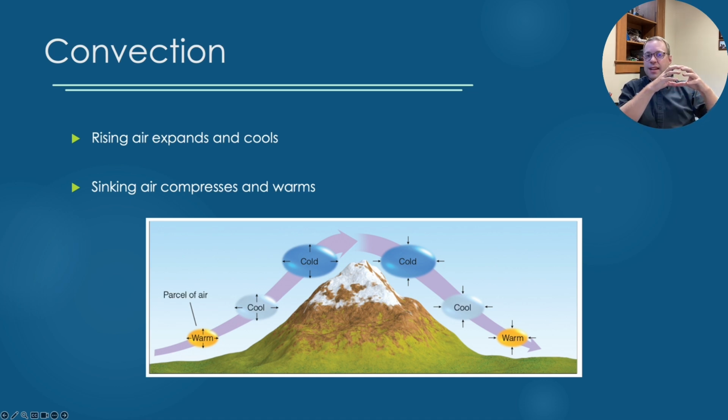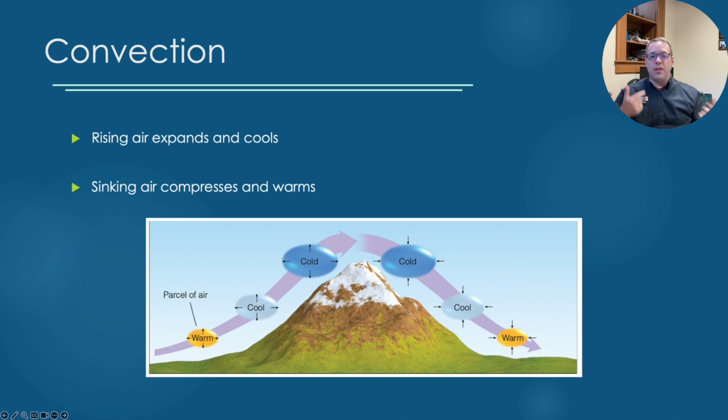So this thermal rises, and since it's under less pressure, that pocket of air expands. So rising air is going to expand. But as it expands, it's actually going to cool down as well. So rising air, again, this is a form of convection, rising air is going to expand and cool.